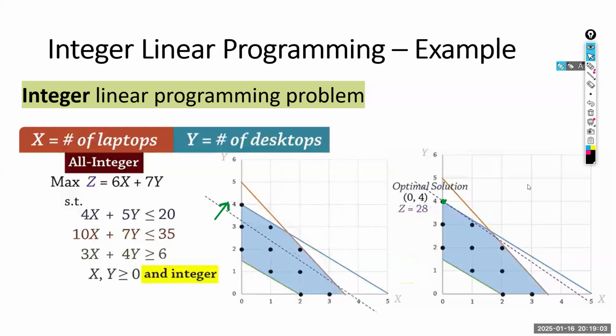Now, are you clear with the problem? What is the difference between a linear programming question and an integer linear programming question? Your x and y values can be something like the number of laptops, number of desktops. There's no point building 1.2 desktops or 2.5 vehicles.